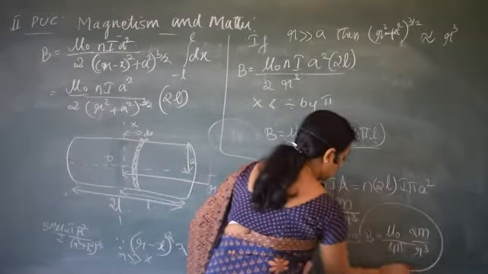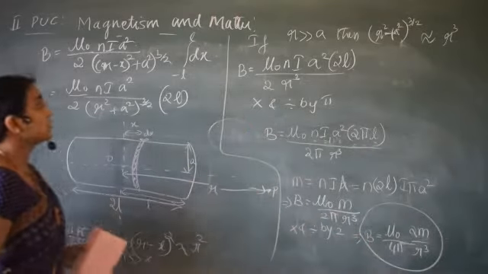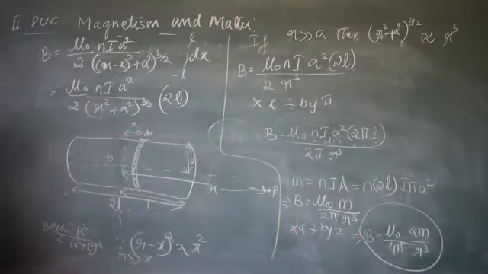This is the expression we get for a solenoid, and this expression is the same as the expression for the bar magnet, which is equal to the magnetic moment. Correct? Magnetic moment of a bar magnet is the same as that of the solenoid.